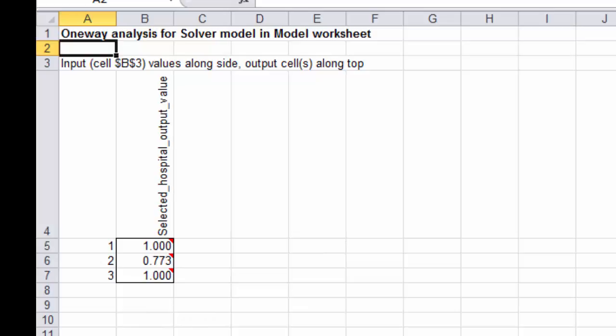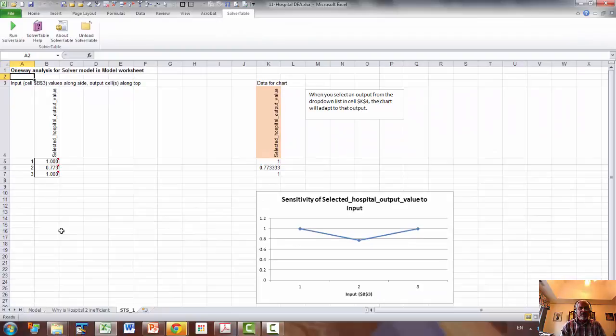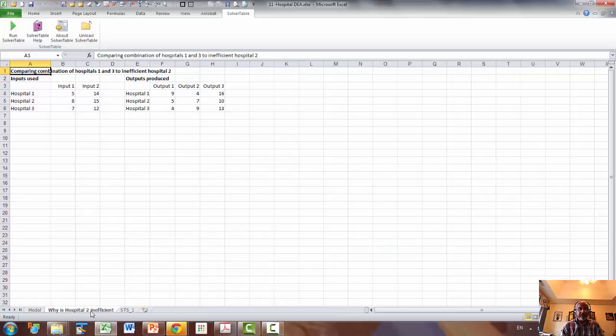So hospital 2, even giving the benefit of the doubt, the best pricing for input and best pricing for output, still comes out short. And another way of looking at this, and then seeing in what way 2 is not performing as well as 1 and 3, we can take a look at it in this fashion.